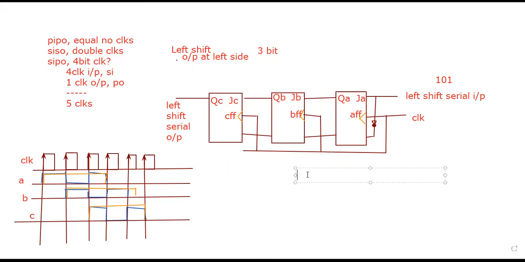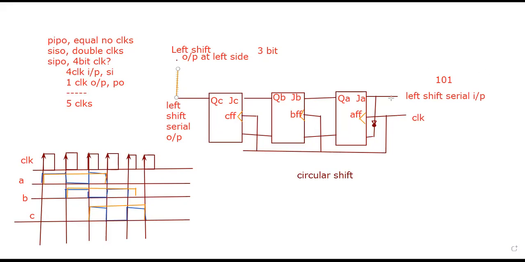Suppose I want to convert this particular figure into a circular shift. If I want to convert this into a circular shift, then what should I go for? We just need to provide this output to the input.